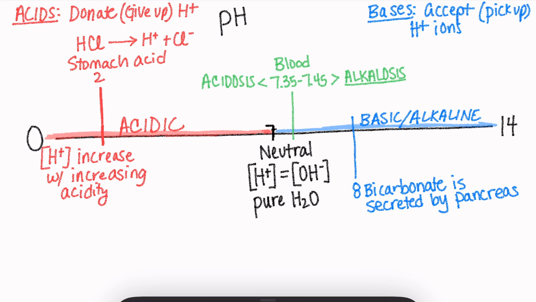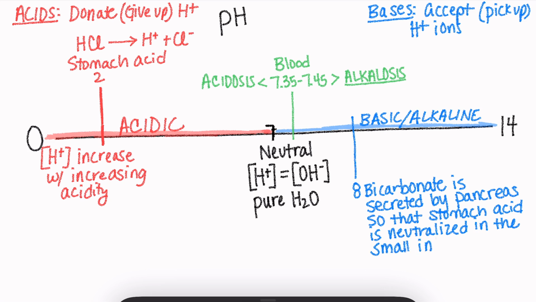So stomach acid doesn't burn your small intestine. Recall that enzymes only work when they're at the proper pH and the proper shape. This is also critical for digestive enzymes to work right.